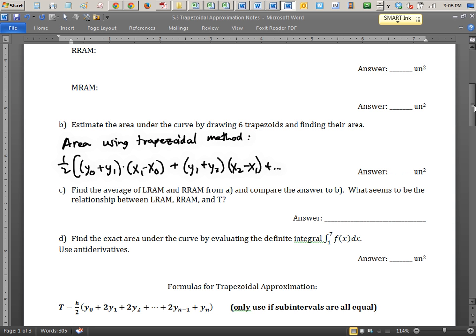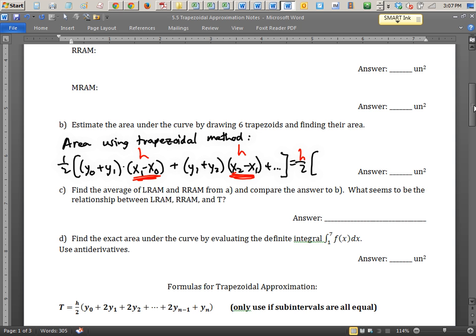Now for most of our problems, the delta x is all the same, right? So this is the height of your trapezoid. You could just pull that out. So we could abbreviate even further by doing h over 2 like this.